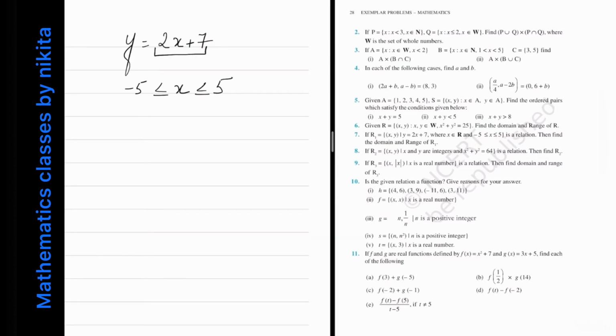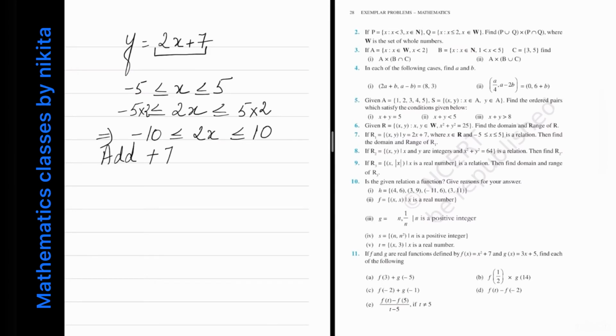So what I will do is first I will multiply by 2. 2 is a positive number, so the inequality signs will remain unchanged. So -5 into 2 is less than or equal to 2x, which is less than or equal to 5 into 2. This implies that -10 is less than or equal to 2x, and this is less than or equal to 10. Now we will add plus 7. So what you will get?